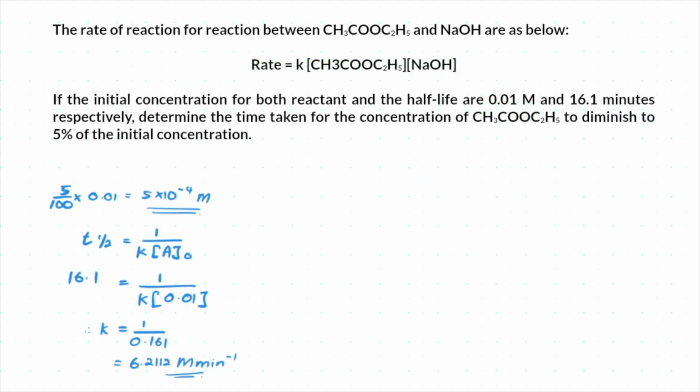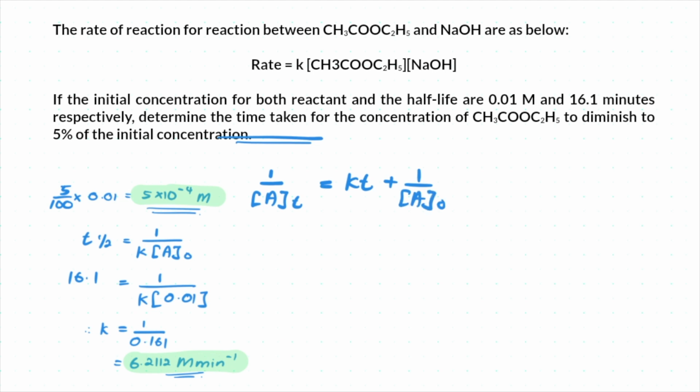Alright, so from this calculation, we already know what is the final concentration, and we already know what is the rate constant. Therefore, we can use the formula for second order reaction to find the time taken for the concentration to diminish. So in other words, we can say 1/[A]t, the final concentration, is equivalent to kt plus 1/A naught.